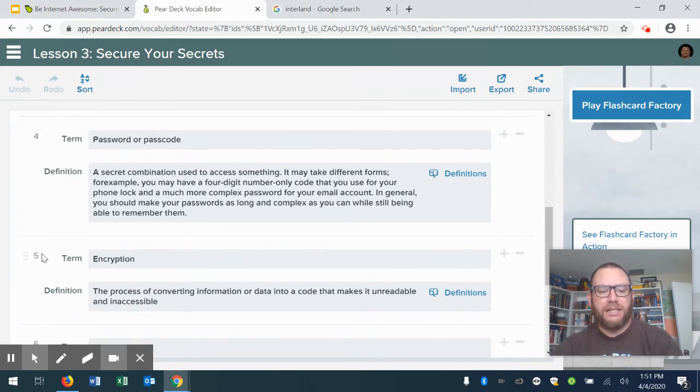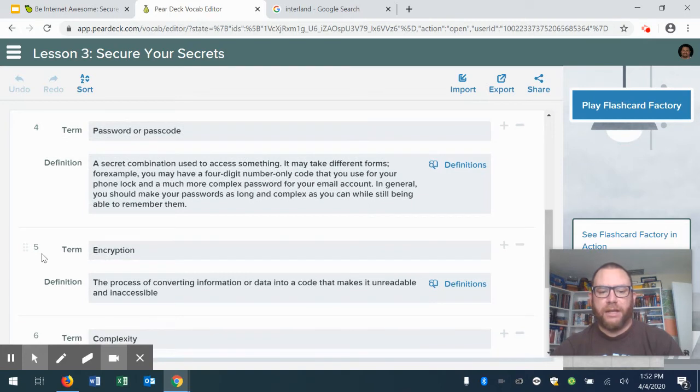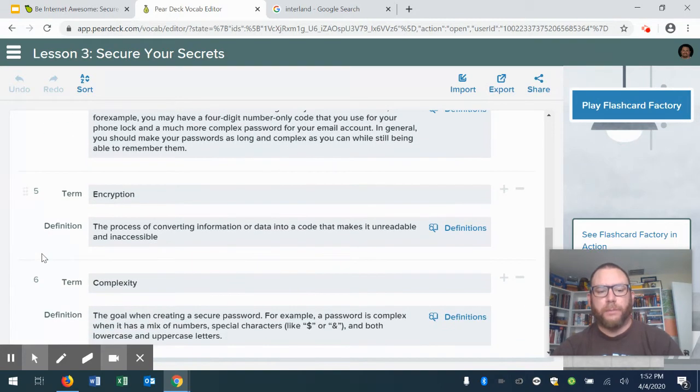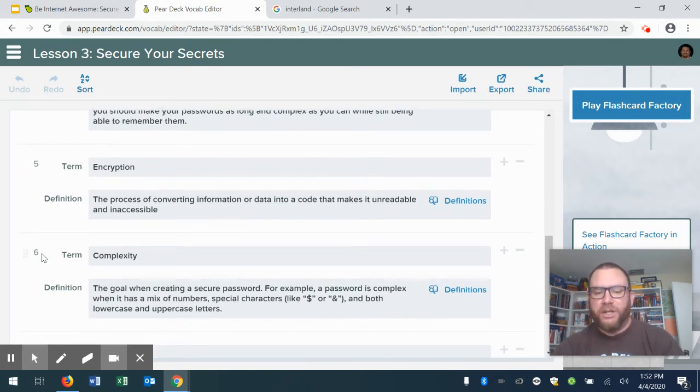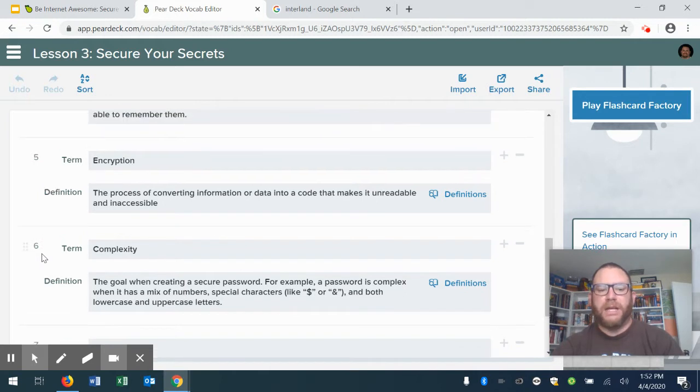Encryption: the process of converting information or data into a code that makes it unreadable and inaccessible, right? So if you encrypt something, you convert it and make it unreadable and inaccessible. Complexity, that's the goal when you create a password, that you want it to be complex enough to be secure.